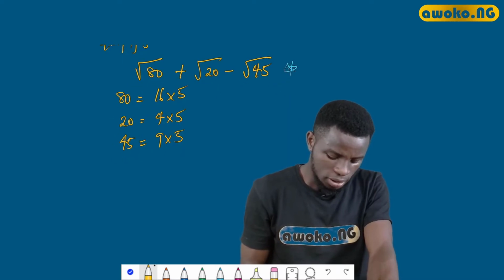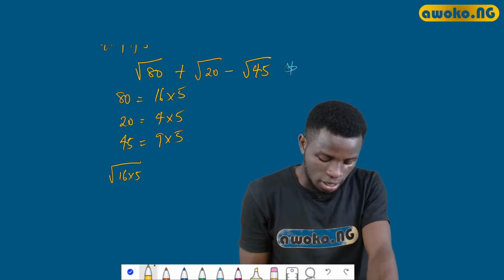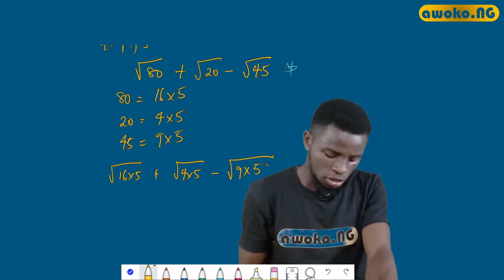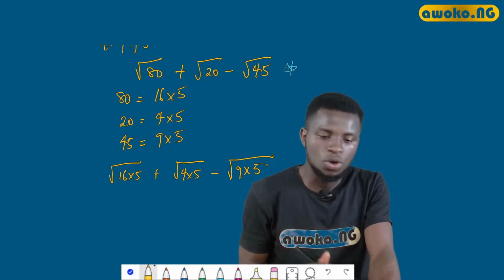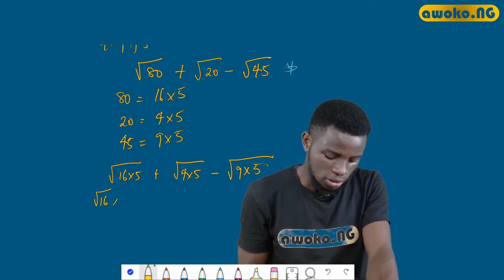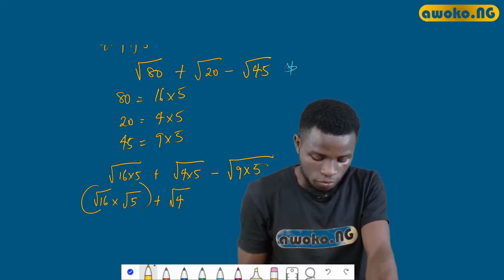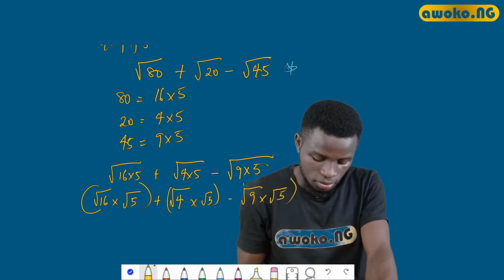We have the square root of 16 times 5 plus the square root of 4 times 5 minus the square root of 9 times 5. So simplifying this further, based on the multiplication rule, we have the square root of 16 times the square root of 5 plus the square root of 4 times the square root of 5 minus the square root of 9 times the square root of 5.